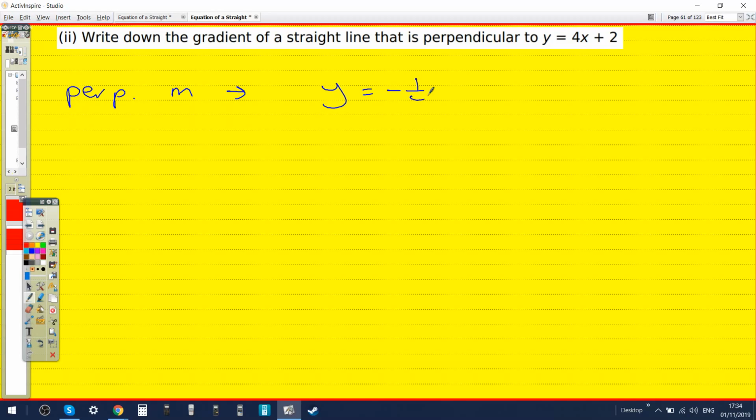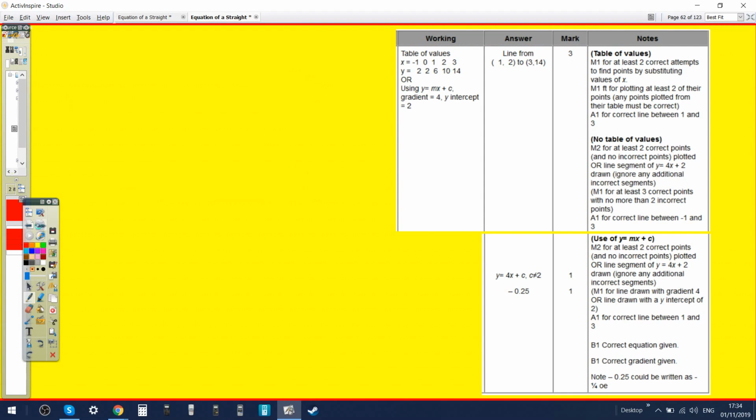Great. Could you still write that down, please? To get perpendicular, you need to get the negative reciprocal of the gradient. So it's m, then it's minus 1 over m.